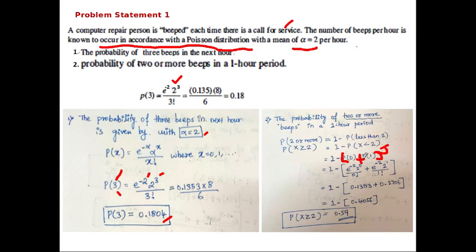After calculating these two values, the sum is subtracted from 1. So the final value is 0.59. The probability of 2 or more beeps in the next 1 hour period is 0.59.